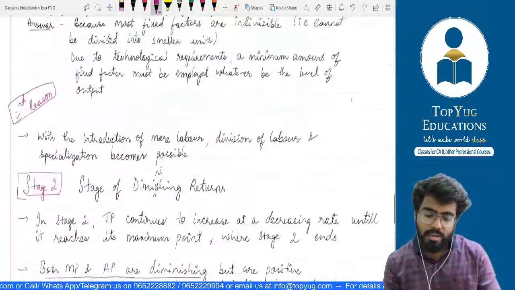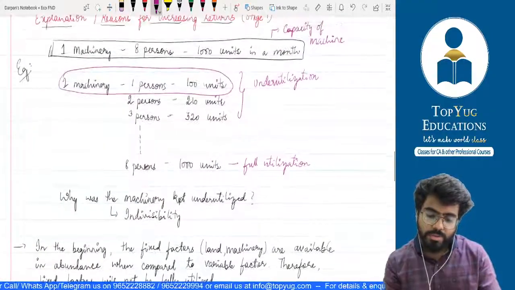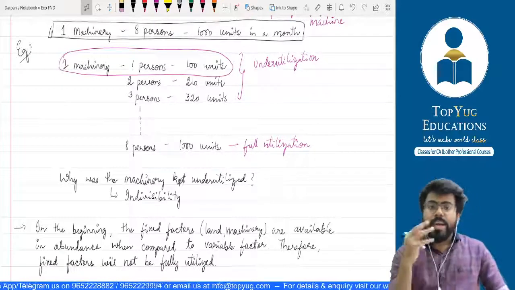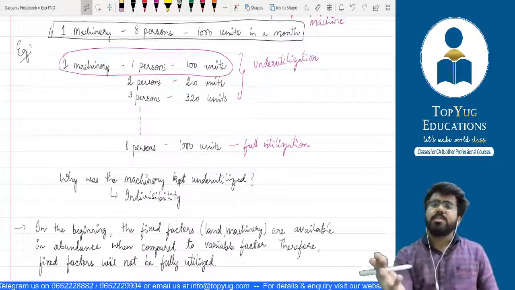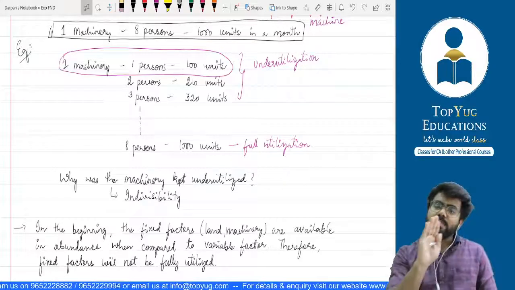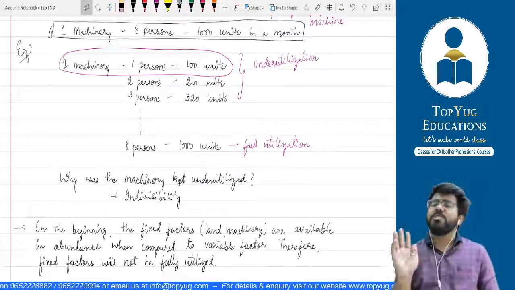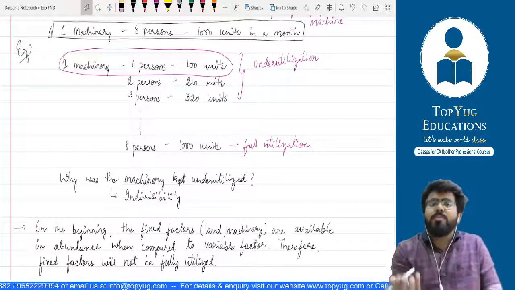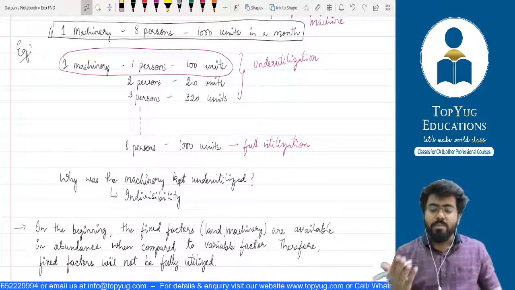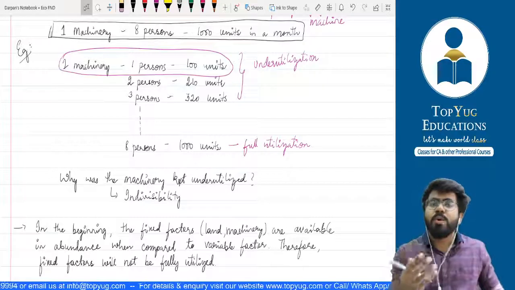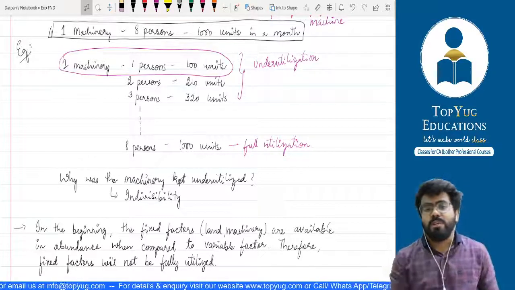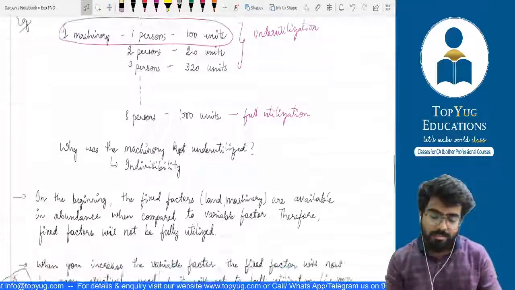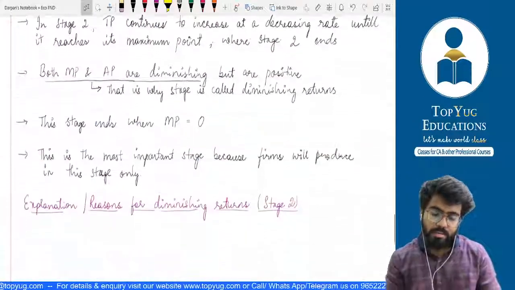So in the above example, where we took 8 persons, that one machinery could employ 8 persons. With 8 persons, that machinery was giving 1000 units. That is the capacity of the machinery, that is full utilization. Now if you employ an additional person beyond that, will he give additional units of output? No, he will give reduced units of output. Why? Because the machinery is already fully utilized. Okay?